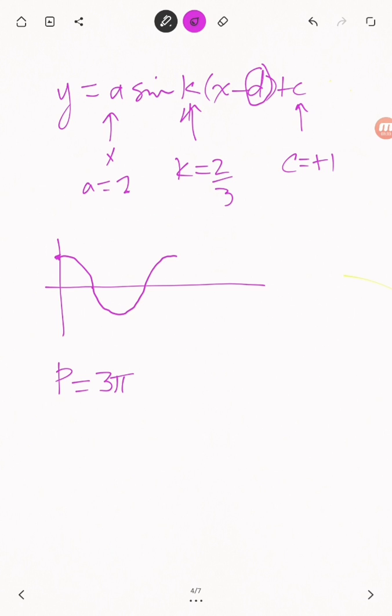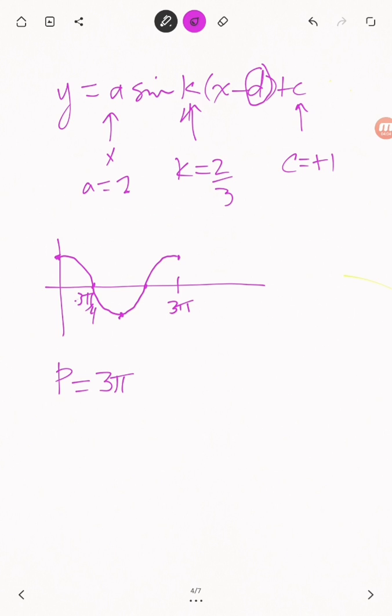So starting at the max, the next quarter period point would be on the x-axis. The next would be the minimum value. The next would be on the x-axis, and then we'd be back to the maximum value. These points are quarter periods apart because there's 4 sections. So if my period is 3 pi, then what is a quarter period for this graph? It would be 3 pi over 4.